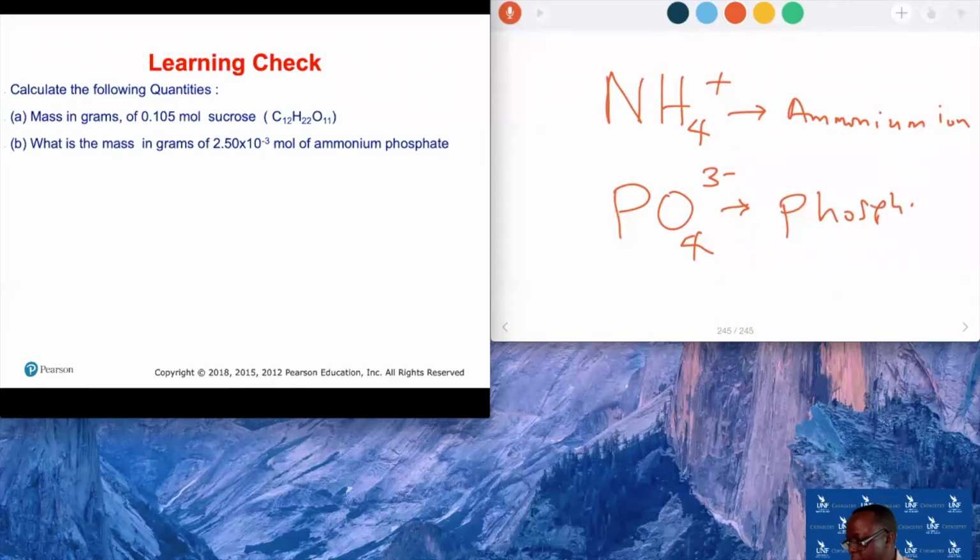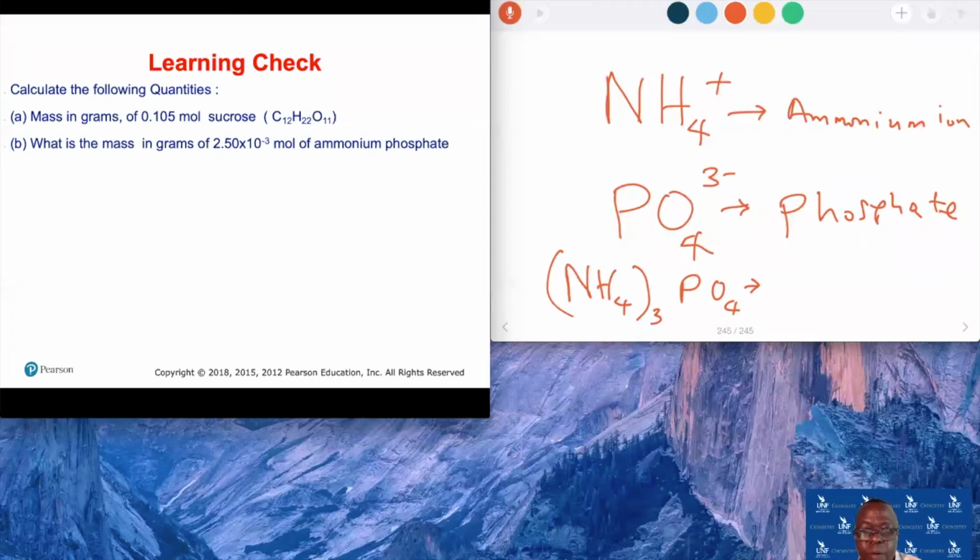This is a problem of its own: writing the correct formula for the ionic compound, then finding the molar mass. If you don't know how to write the correct formula for an ionic compound, or any compound for that matter, or how to find the molar mass, then we are in trouble. So this is the formula for ammonium phosphate. The 3 is coming from phosphate, and this is the correct formula.